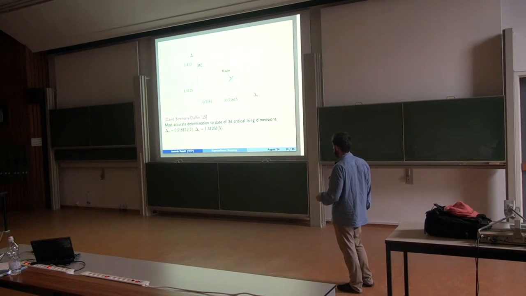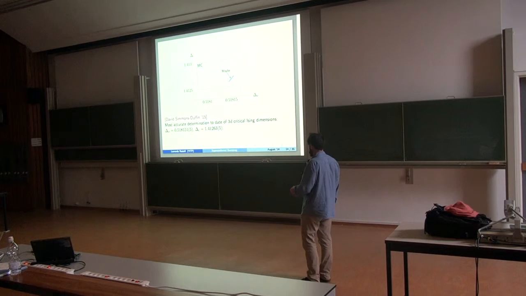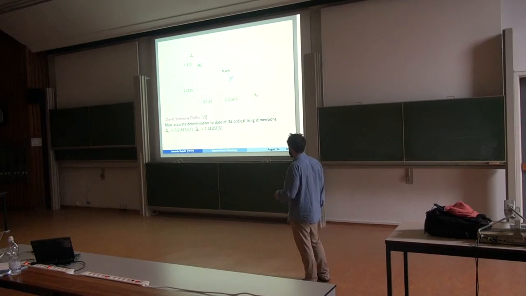So these are just for fun. This gives the most accurate determination to date of the critical exponents of the Ising model, but what's conceptually even more important is that we get rigorous error bars. The Monte Carlo and epsilon expansion results are all over the place. Different groups have different results, but these are rigorous inequalities.